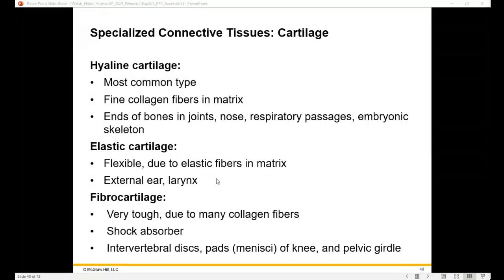This is flexible due to elastic fibers in the matrix. Examples: the external ear and the larynx. And then fibrocartilage. Very tough due to many collagen fibers. It's a shock absorber. We find this in the intervertebral discs, and also the pads or menisci of the knee and the pelvic girdle.